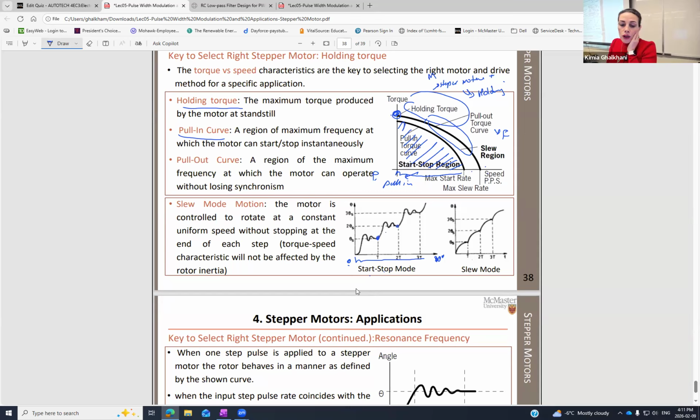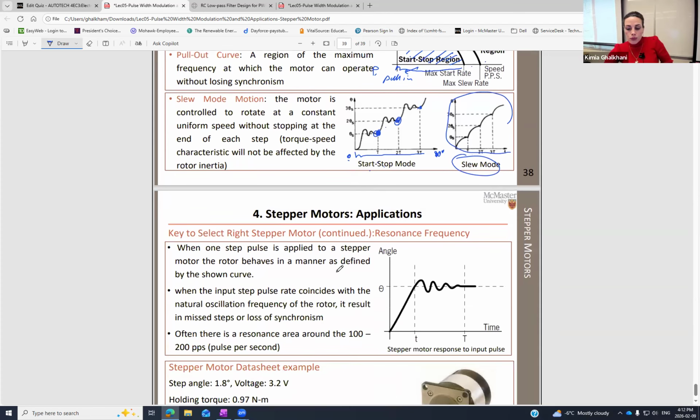Because if you stop at the end of each step, it simply means you are pushing the pedal trying to reach 200, and any time you increment to a higher speed, your vehicle is stopping. If the vehicle is stopping, it is going to give you a dangerous situation. That's why we use PWM. That's why we call it slow motion. It means the motor is going to rotate but without stopping fully. It can increment. That's why we convert the start-stop mode to slow mode, to not create a dangerous situation.